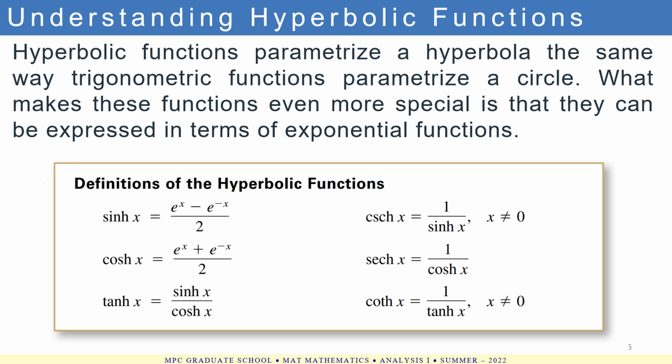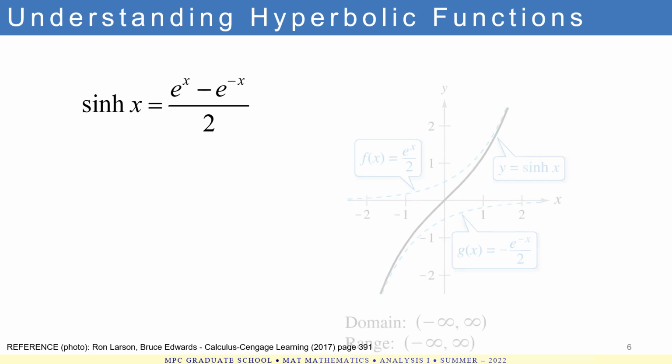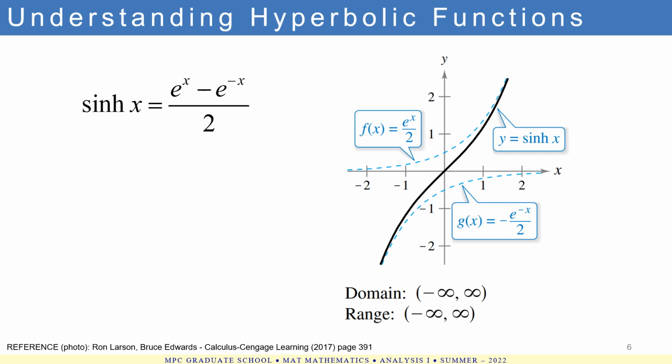Let's take a look at hyperbolic sine of x. Hyperbolic sine x is equal to e to the x minus e to the negative x all over 2. Now, what does this mean graphically? Let's try to break up this expression into two terms.